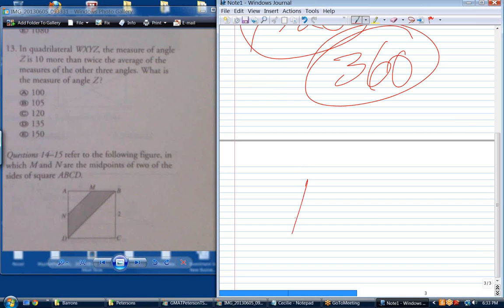Okay, we have a four-sided figure. We'll just draw any four-sided figure here: W, X, Y, Z. The measure of angle Z is 10 more than twice the average of the measures of the other three angles.